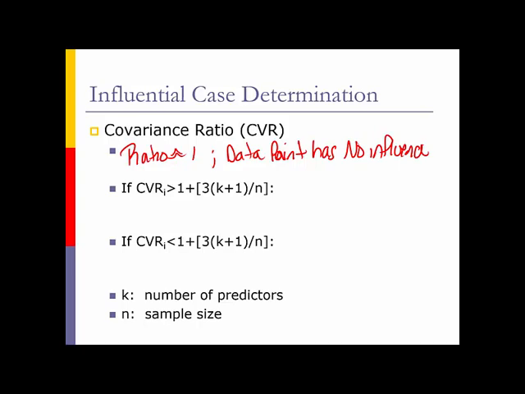If our covariance ratio is greater than 1 plus 3 times the number of parameters plus 1 divided by the number of data points, or if it's less than that, we've got two things that we need to worry about.